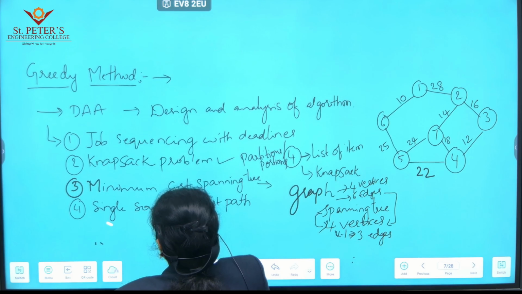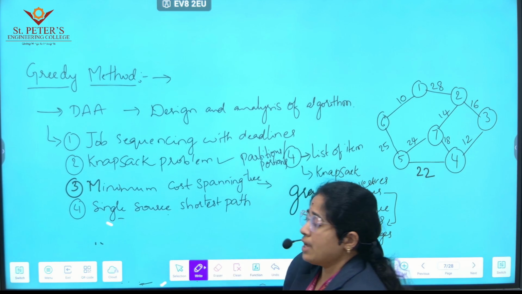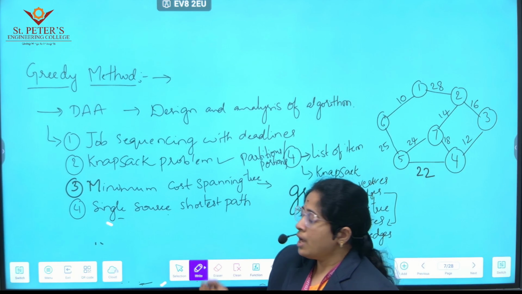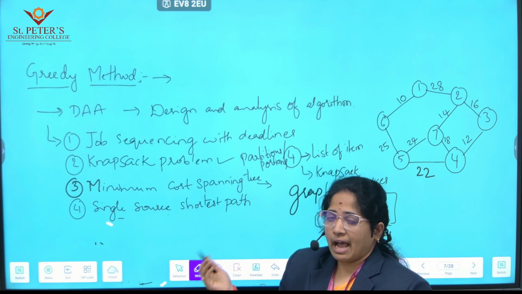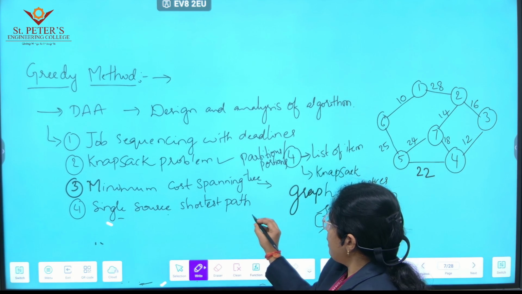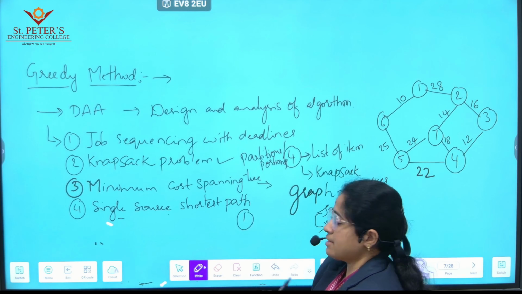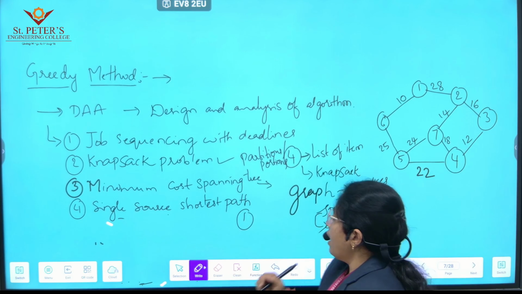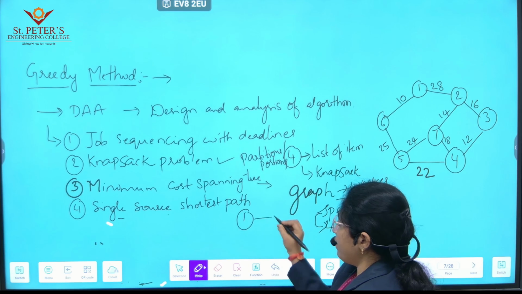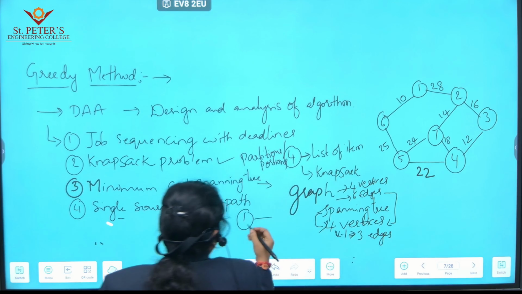And the final one is single source shortest path. Here we consider a graph, and from that graph we consider one vertex as the source vertex. From that source vertex we need to find the cost of traveling from one vertex to another.